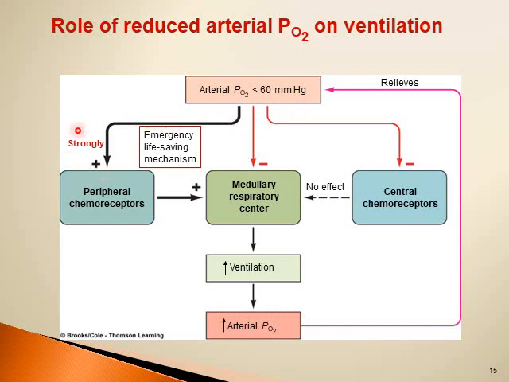Number one, it will strongly stimulate the peripheral chemoreceptors, and the stimulation of peripheral chemoreceptors will stimulate the medullary respiratory center. This will increase ventilation, so we have more oxygen coming to the alveoli, more oxygen will enter into the blood. This will increase arterial partial pressure of oxygen.